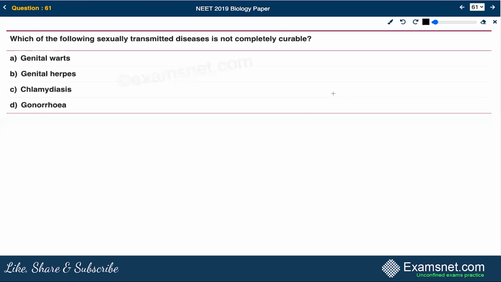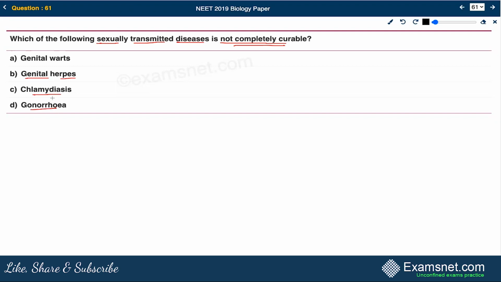Now, let's talk about the next question, which is question number 61. This question says which of the following sexually transmitted diseases, shortly termed as STDs, is not completely curable. The given options are genital warts, genital herpes, chlamydiasis, and gonorrhea.